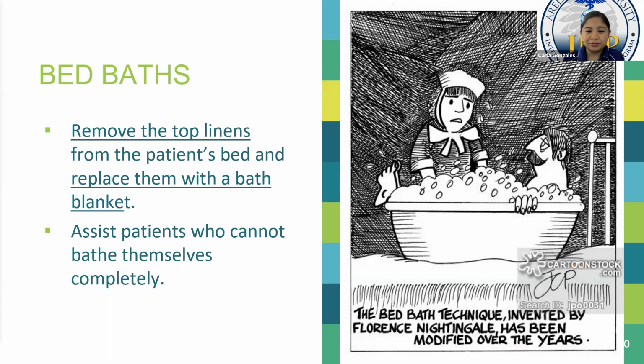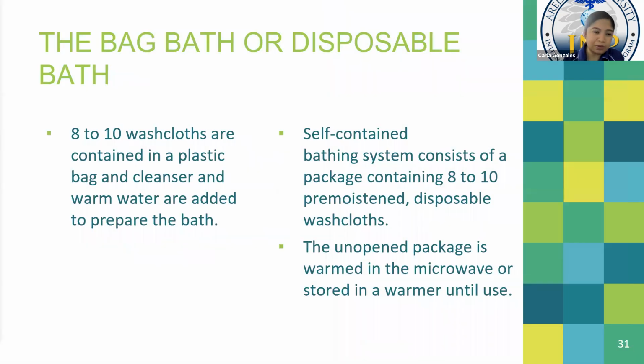Okay. So, with bed baths, we are usually using disposable towels, or a bag bath. A bag bath or disposable bath usually comprises 8 to 10 washcloths contained in a plastic bag with a cleanser and warm water.